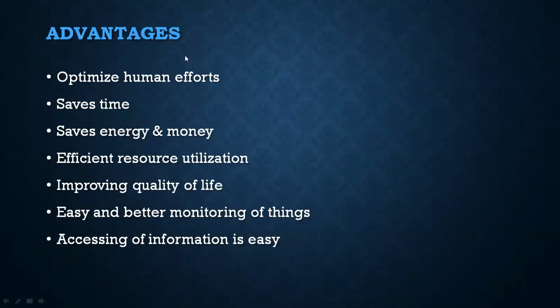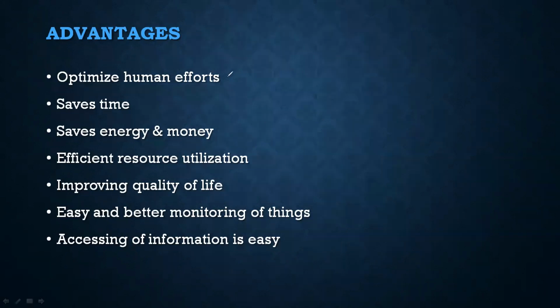Here I've listed some of the advantages. The first one is optimize human efforts. Optimize human efforts means, in the previous video I already discussed how these take control from humans by automating everything.